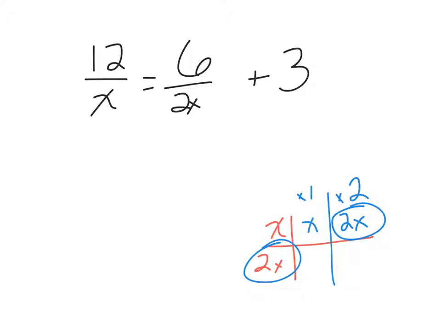If I were to look at the common multiples of 2x, 2x times 1 is just that, 2x times 2 would be 4x, and 2x times 3 would be 6x, and so on. But again, in most of these rational equations it will always be the bigger one of the two. I'll do some more example problems to show you what I mean by that.